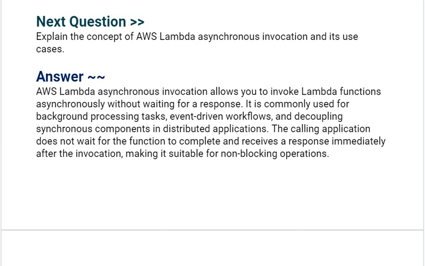It is commonly used for background processing tasks, event-driven workflows, and decoupling synchronous components in distributed applications. The calling application does not wait for the function to complete and receives a response immediately after the invocation, making it suitable for non-blocking operations.